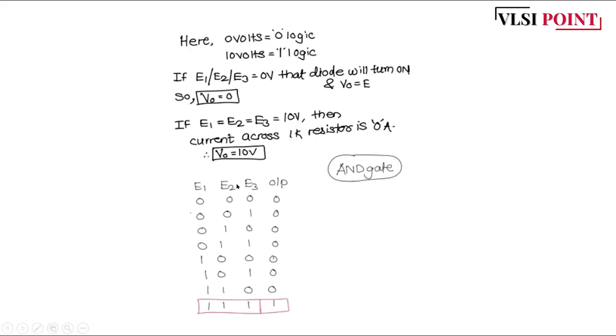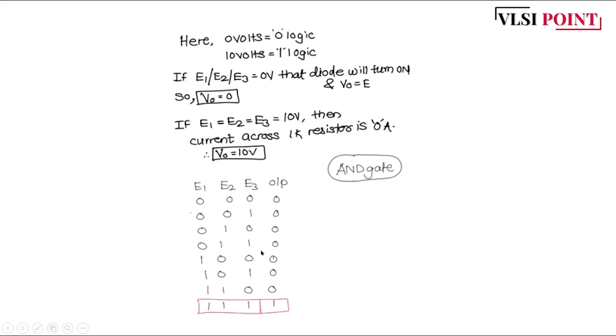So if you write the truth table, for 0, 0, 0, the output is 0 volt. We have seen that if any of E1, E2, E3 is 0 volt, the output is 0. In this case, you can see E1 is 1, E2 is 1, E3 is 0, so your output is 0. But in the case where all the diodes are on, your V0 is 1, that is 10 volt.